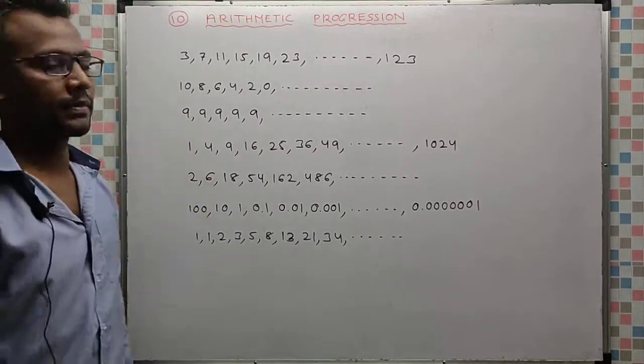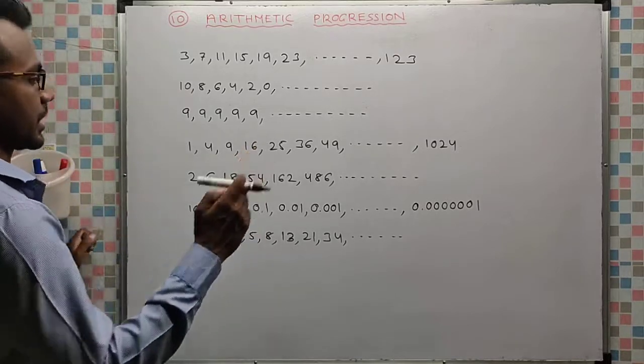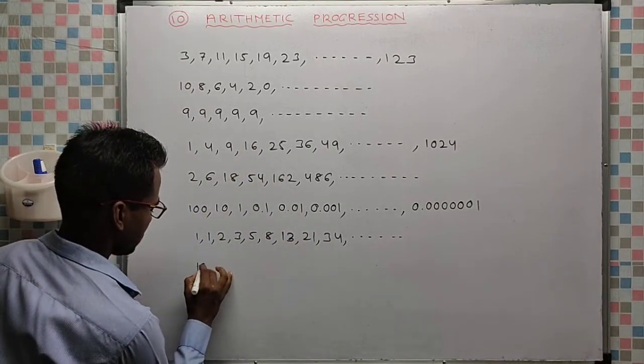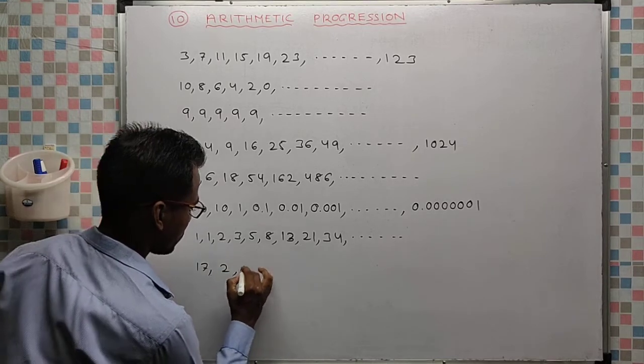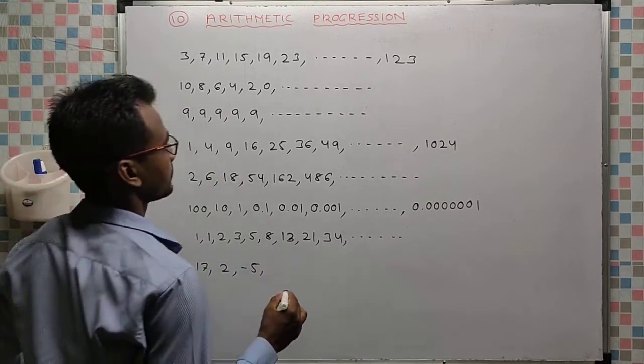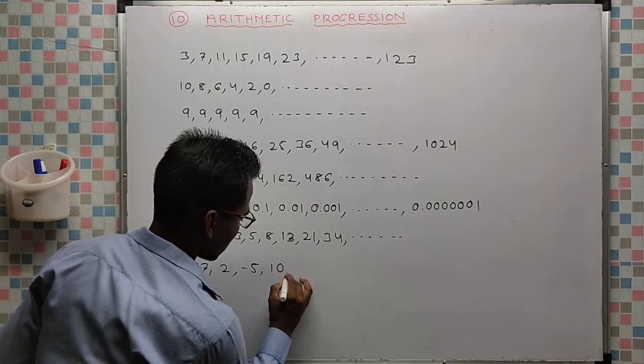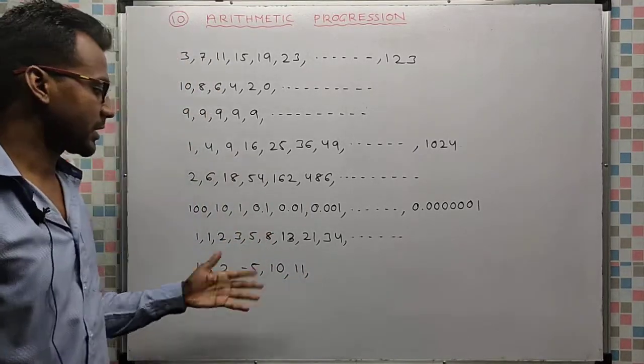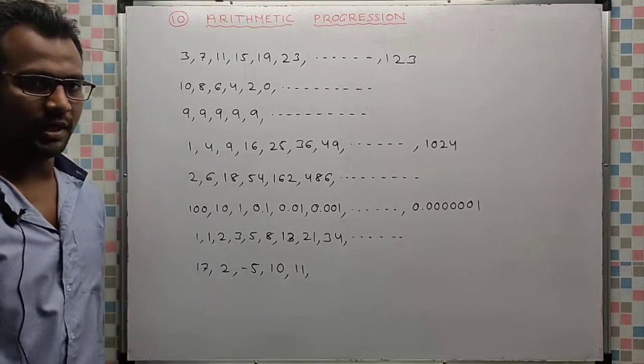So as you can see, I have given some examples. Okay, wait, I am giving one more example. 17, 2, minus 5, 10, 11. After this, which number will come? Try to understand the rule.